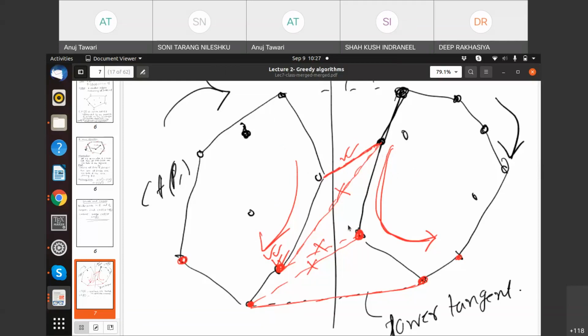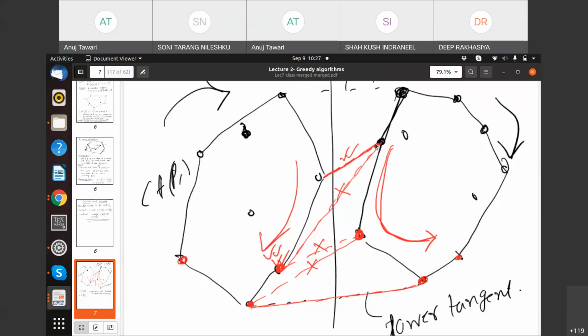Again, we use the cross product, and you can easily find that. So the trivial approach is you pick all points here and all points here. For every such pair of points, you check whether it is an edge of the convex hull, because all the points should be on the same side.